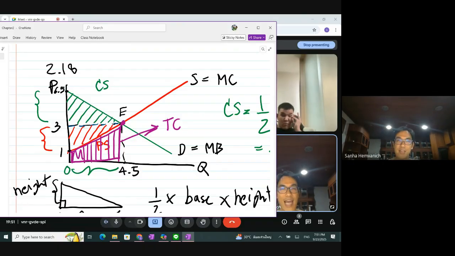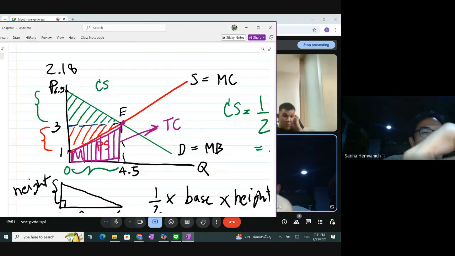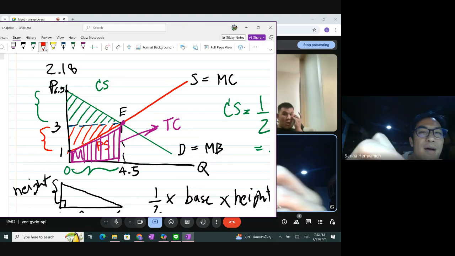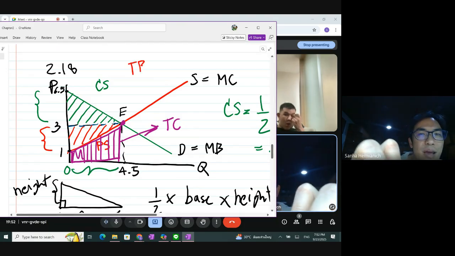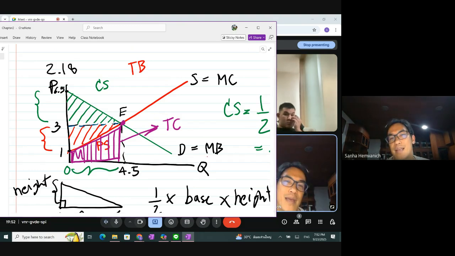And what does the society get? If we're talking about the total benefit, because the benefit means demand, all the area up until E is the total benefit.